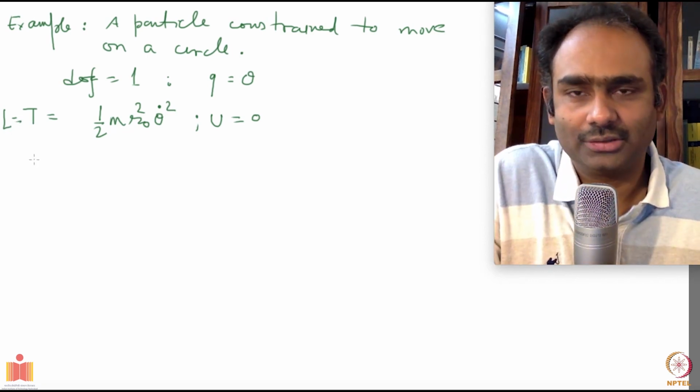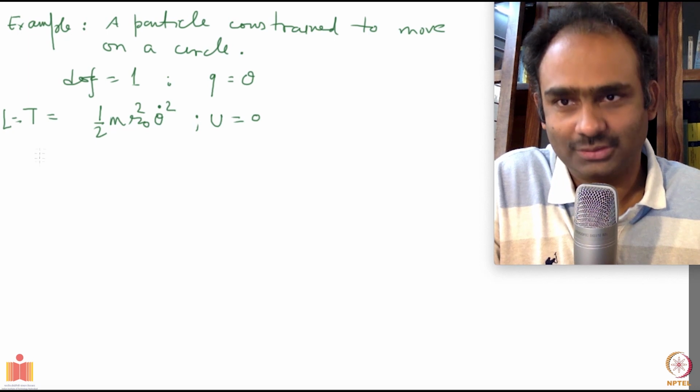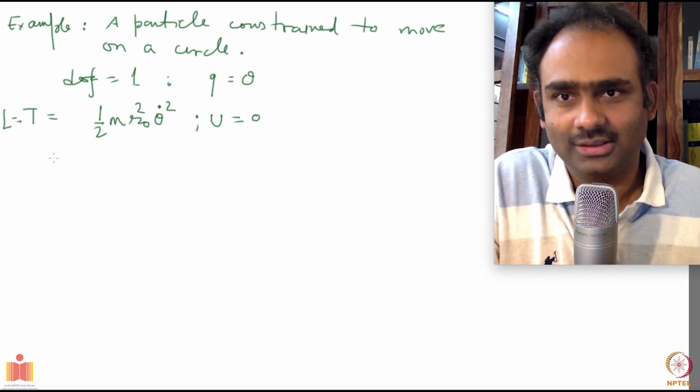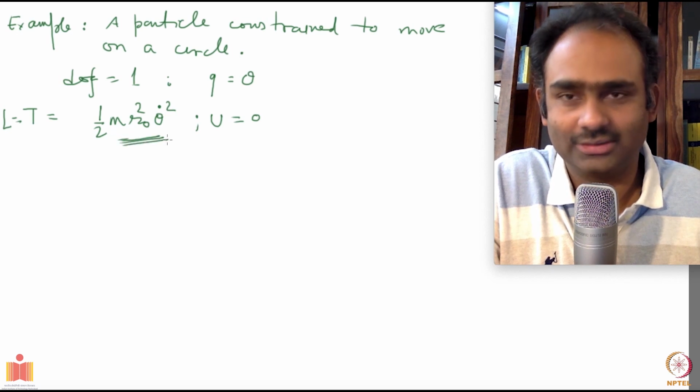So let's write down the equations of motion. It's only one. There's no r involved in this, so only theta. So del L over del theta is 0, since there is no theta in the Lagrangian, only theta dot.